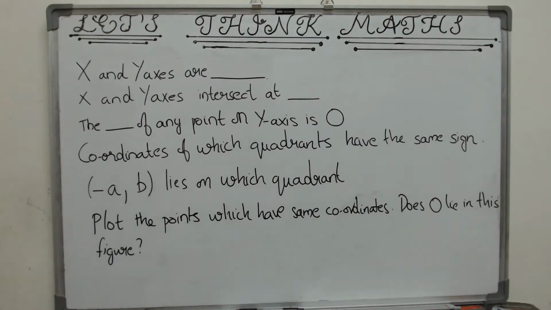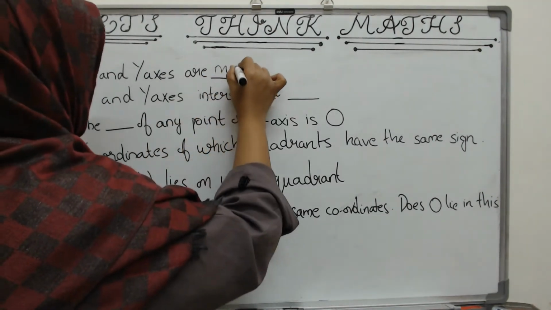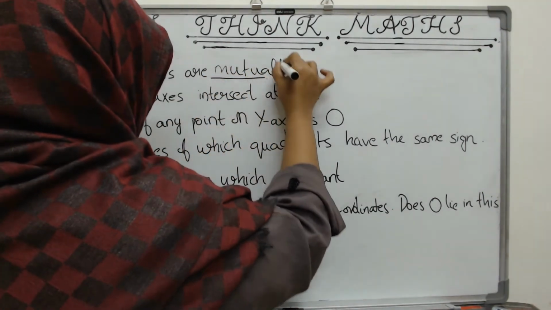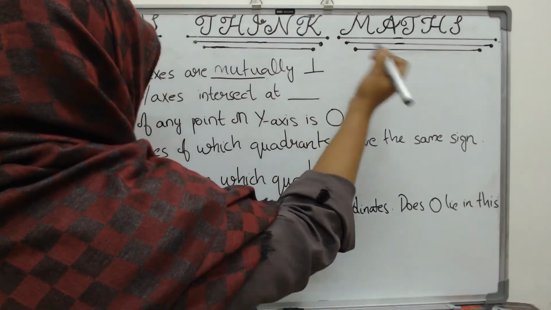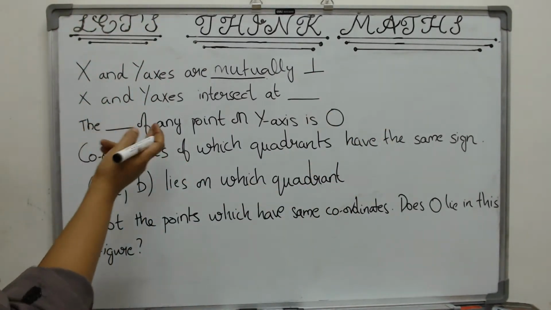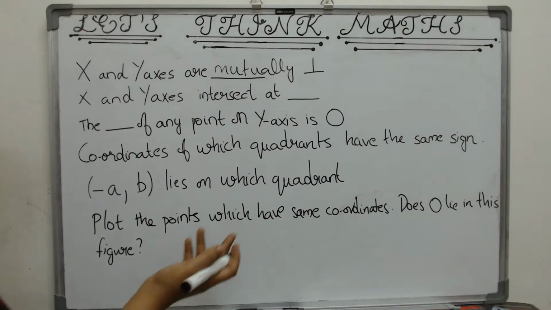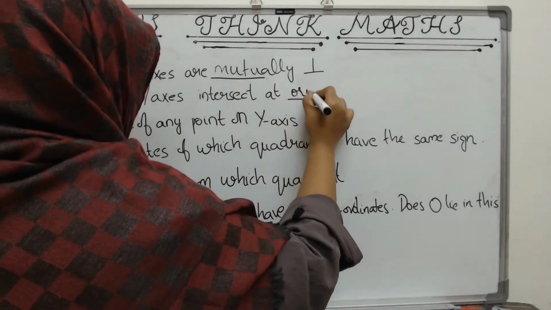Now, we have come to the end of our lesson and let us solve these questions. The x and the y-axis are what? Are they parallel? No, they are mutually perpendicular. The x and the y-axis intersect at where? The origin.